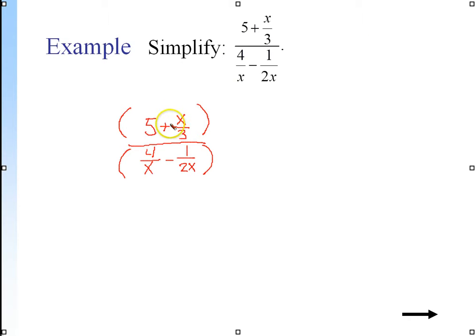But with this method, we can get rid of the fractions in one swoop. And we remember we want to find what is my greatest common denominator of both the numerator and denominator. Now we have a 3 there, we have an x, and we have a 2x. And the answer is 6x. We're going to multiply both of these by 6x.